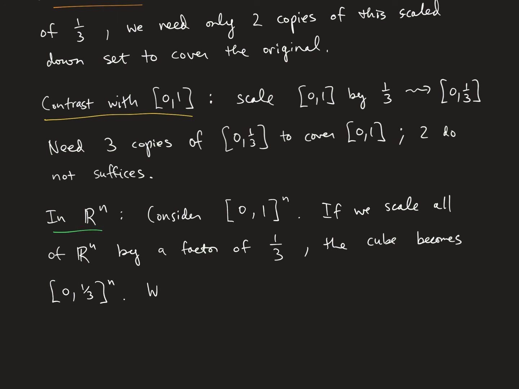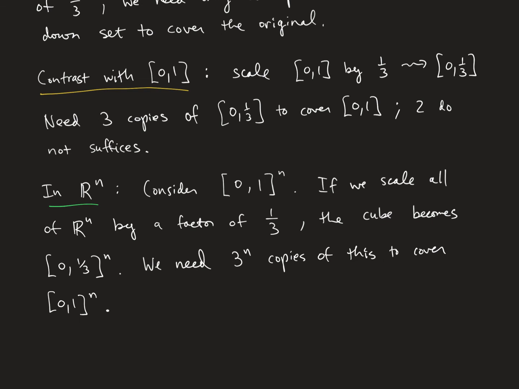And so we need 3 to the n copies of this to cover all of the original, so to cover 0, 1 to the n.